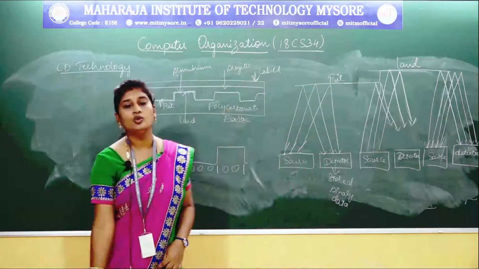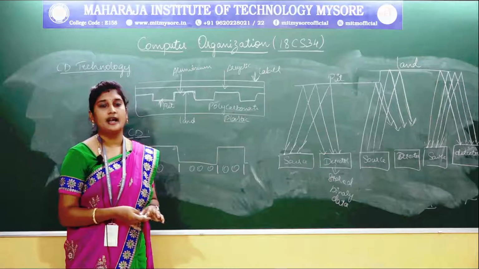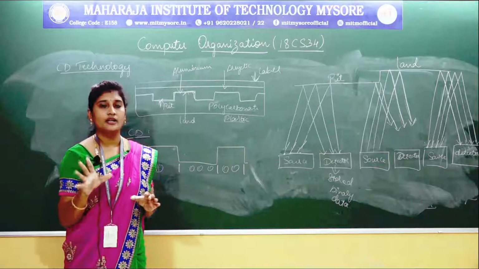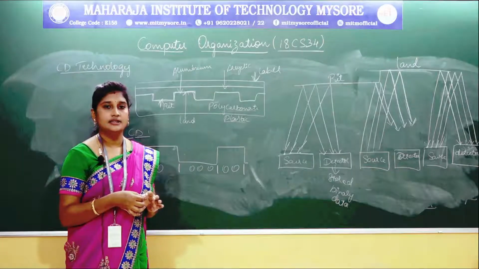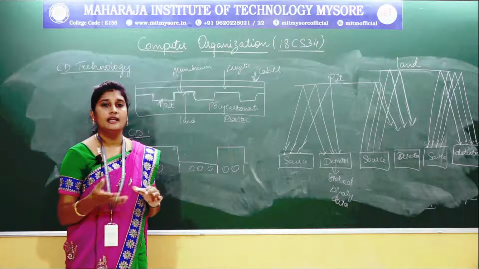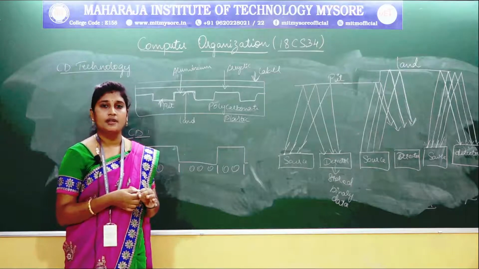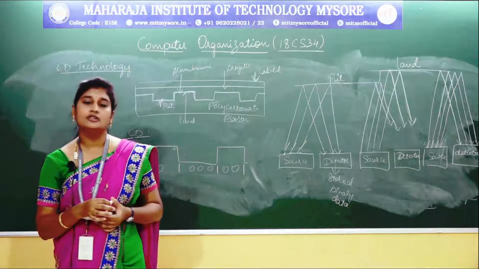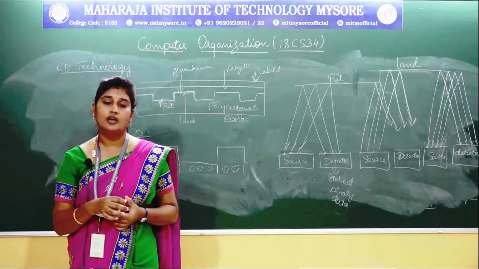So this is how you send the laser light, and that data gets read or written to a particular area of a CD drive, using CD technology with a laser light source. Fine. This is all about how data is stored using CD technologies.